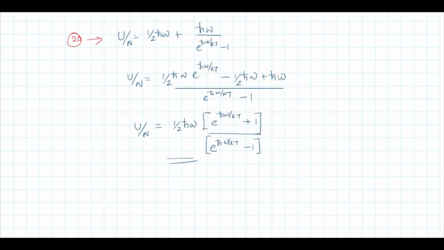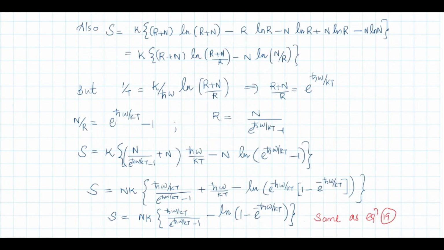So how we will proceed, we will look into it. This is entropy S. This is k into [(r + n) log r + n by r − n log n by r]. Here I added and subtracted one term. It is n log r. I added and subtracted that same term, n log r.